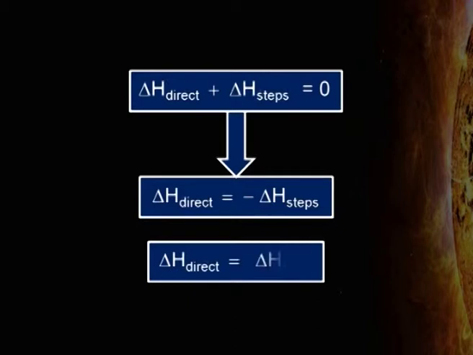If it is not so, then some heat must be evolved or absorbed during one cycle, which is not possible according to the first law of thermodynamics. Hence, the only possibility left is that delta H direct is equal to delta H steps.